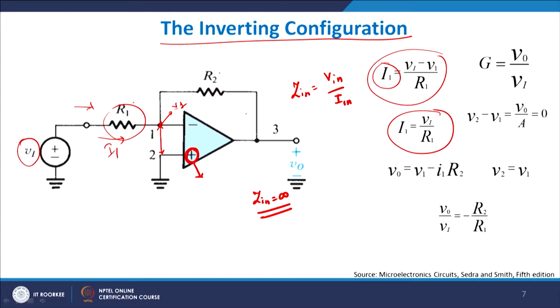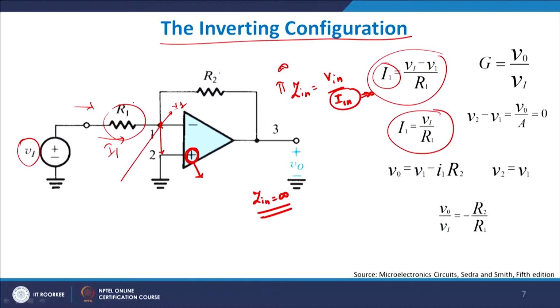Now, I told you that the input impedance is infinitely high, so Iin will be equal to 0. That is the reason you get infinite bandwidth, but this point number 1 is also referred to as a virtual ground.